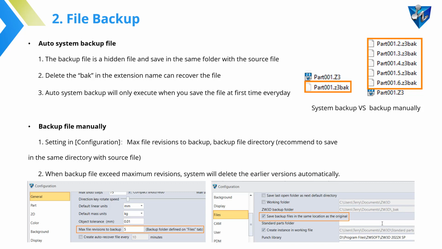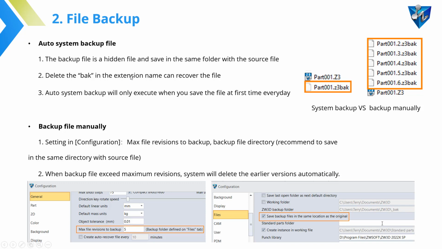Let's continue. In this part, I will introduce the file backup setting in ZW3D. In ZW3D, you can use the auto system backup. The backup file is a hidden file and is saved in the same folder as the source file. You can see from this picture, the one with the Z3BAK is the backup file.